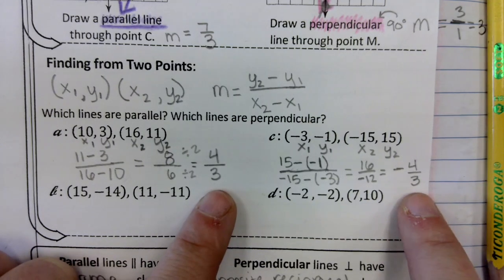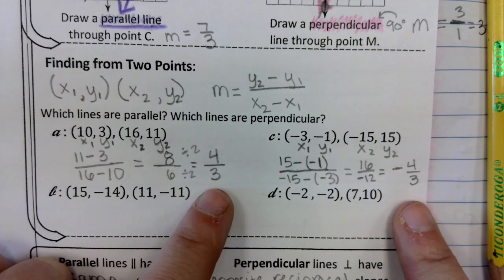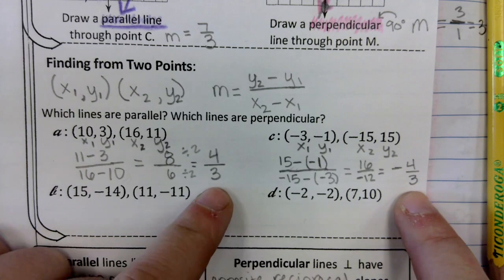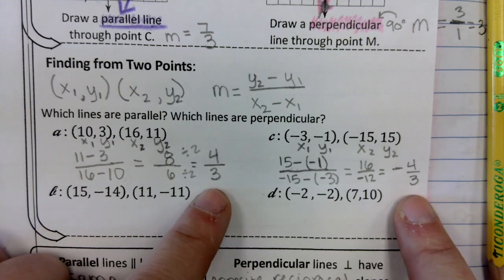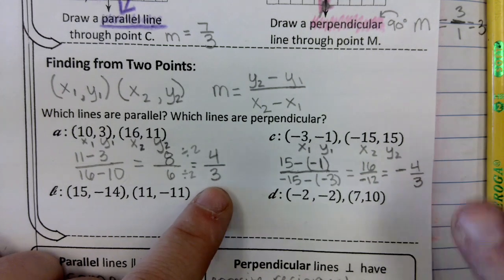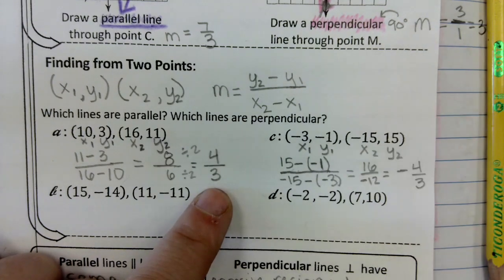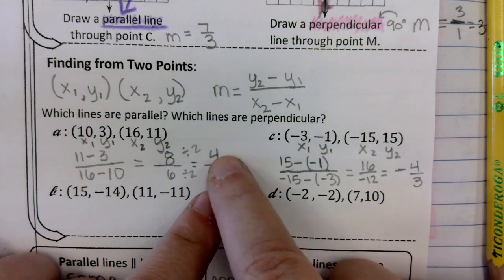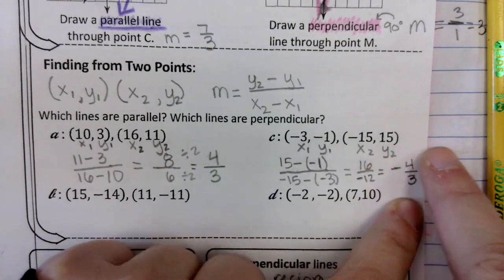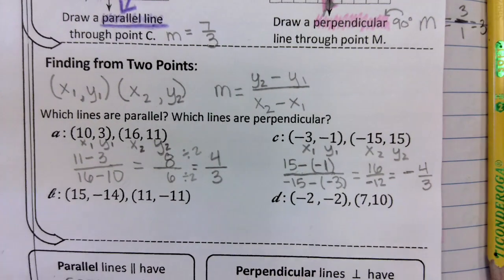They're opposite. One's positive, one's negative. Did it flip, though? Flip would mean the 4 and the 3 switch spots. So it'd be 3/4. Nope. So right now, those are neither parallel or perpendicular. We have no answer so far. We got nothing.